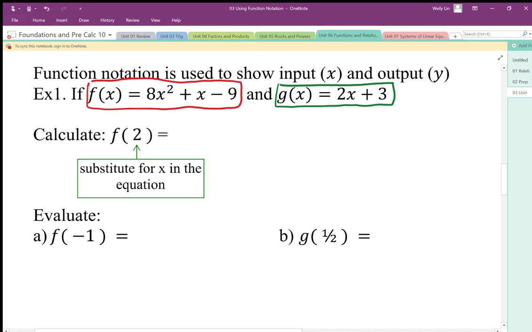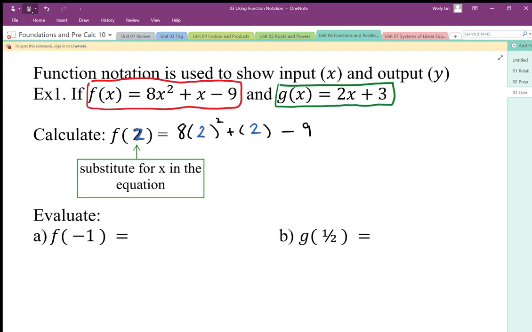Okay, so it looks like this. I have 8x squared plus x minus 9. So there's my f function. And what I'm going to do then is take that 2, and instead of where all the x's were, I'm just going to input a 2 into that expression. So there's my input.